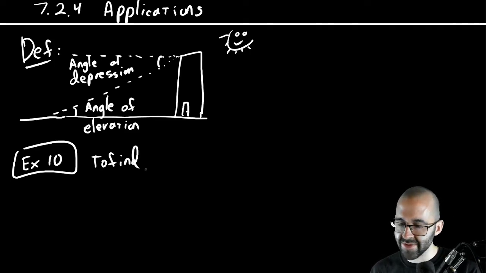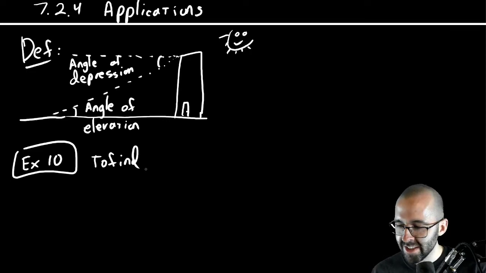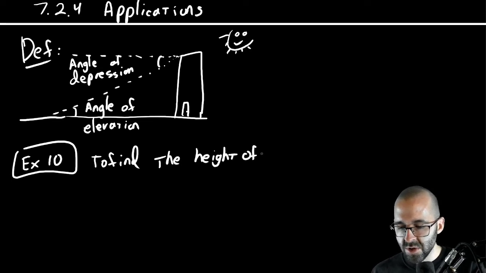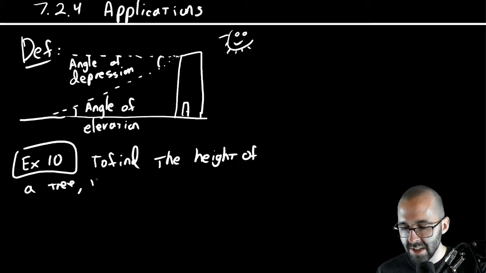To find, I'm not bothering to separate those words. It's one word now, kind of a conjunction. To find the height of a tree, a person, you. Let's make this applicable.